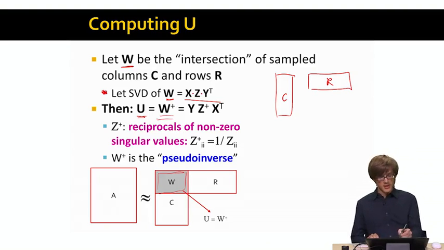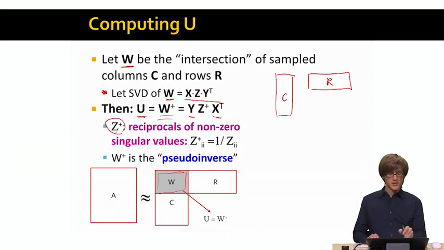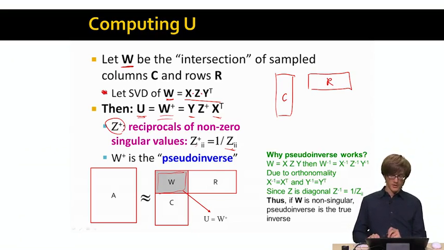I compute this by taking my matrix Y, multiplying it with Z plus times X transpose, where the matrix Z plus is simply the reciprocal values of the non-zero singular values. So if a singular value in my matrix Z is non-zero, then Z plus is simply 1 over that singular value. And if the singular value is 0, then I just leave it at 0. This is called the pseudo-inverse.